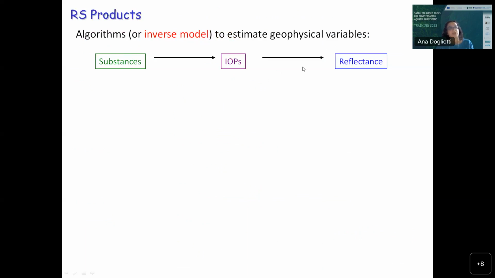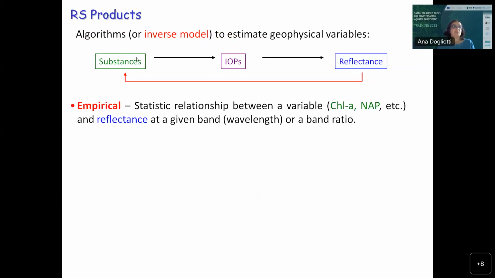So this is what I call the direct, what I've been going through with you. And the inverse models can be either empirical, so from reflectance we can find statistical relations with the substance present in the water, with a given band or band ratio, just an equation.